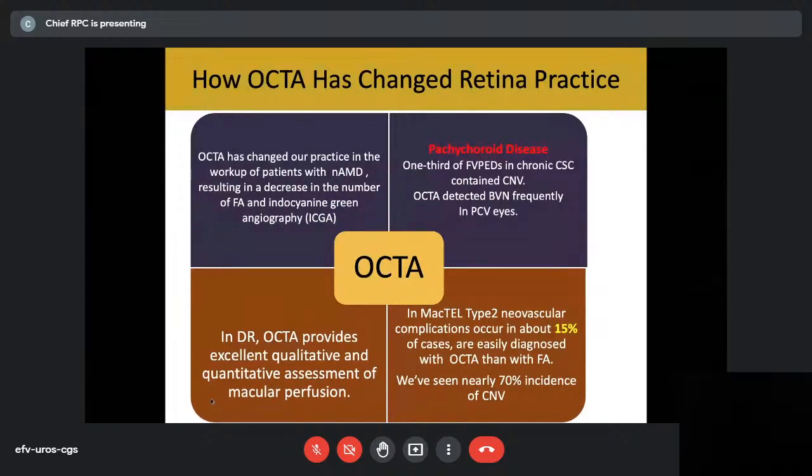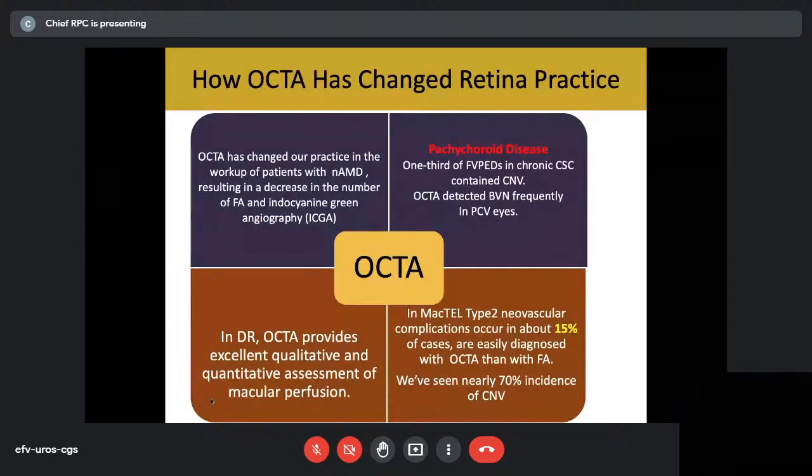Qualitative means they get a lot of metamorphopsia, and they improve with the injections. So OCTA plays a big role. Without OCTA, I wouldn't like to treat a patient with neovascular AMD or PCV. PCV is a variant of neovascular AMD or not, but both these lesions are very common, PCV more common. I would require an OCTA.